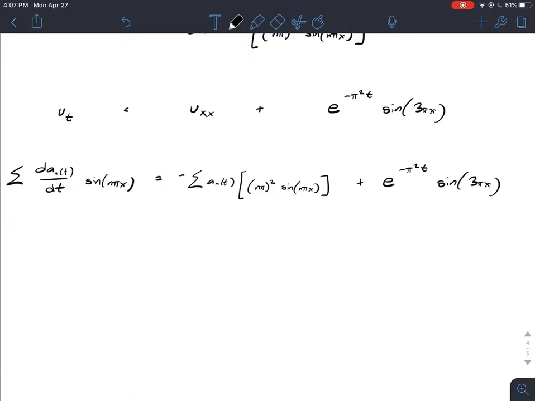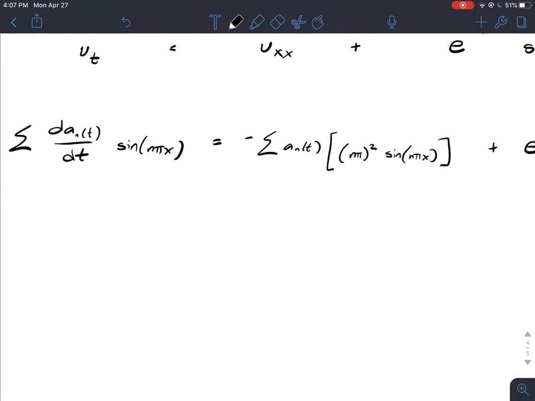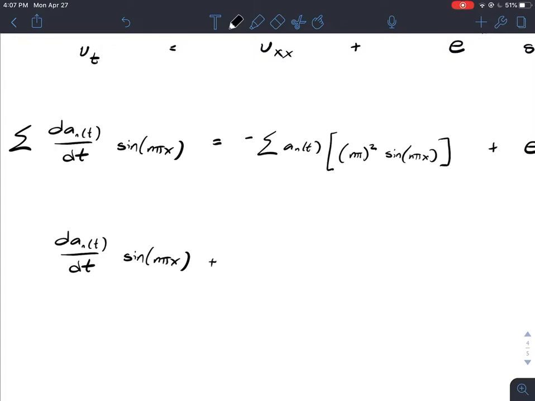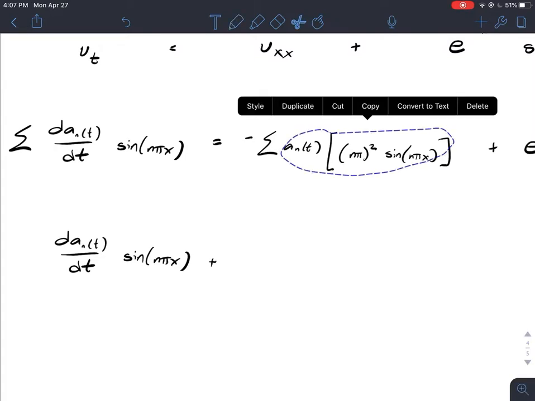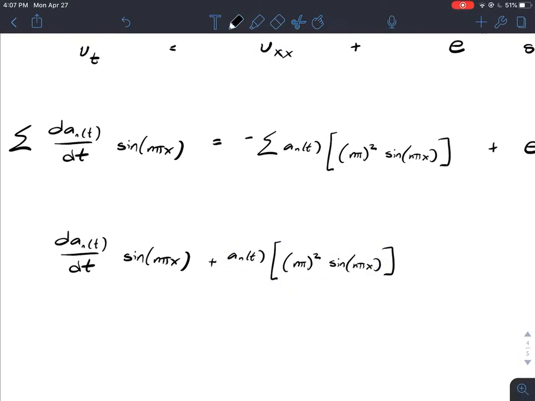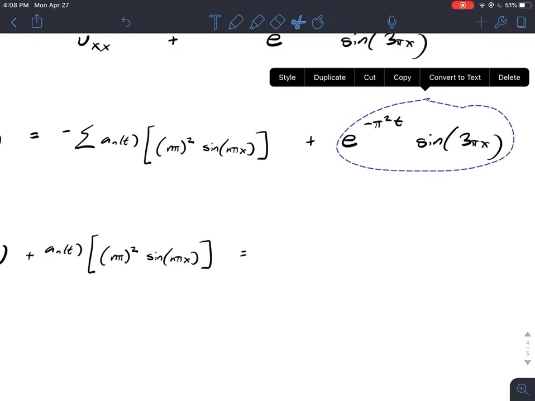So now let's move the terms around, and hopefully you will see why I'm moving these terms around in just a moment. Since these sums are over the same index, we're assuming constant differentiability over a series. Move this here, plus everything in the sum over here, summation, and this is all equal to the non-homogeneous term left over.